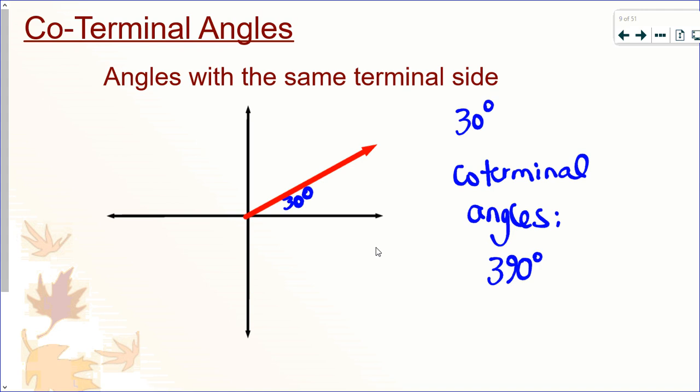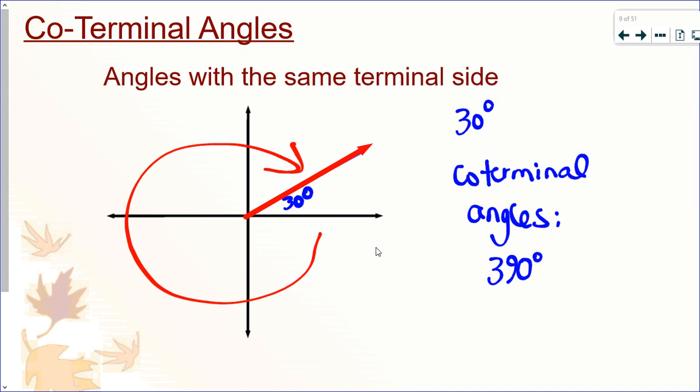Another way is, let's say I start here, but instead of going in the positive direction, what if I went in the negative direction? How far negatively would I need to go around to get to 30 as well? So we start here, and then we're going to rotate it. Here's -90 down here.